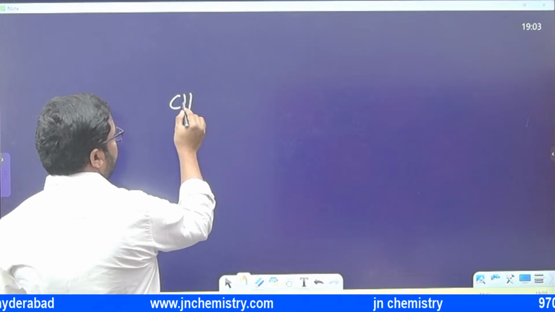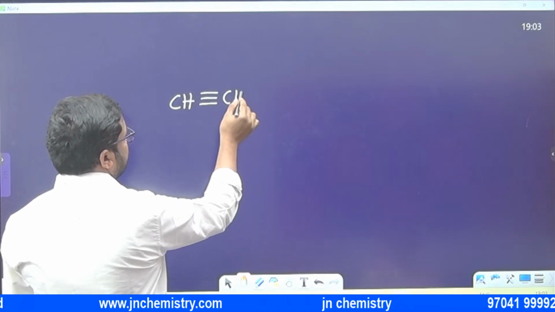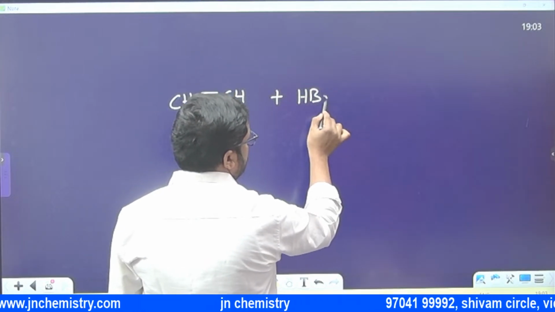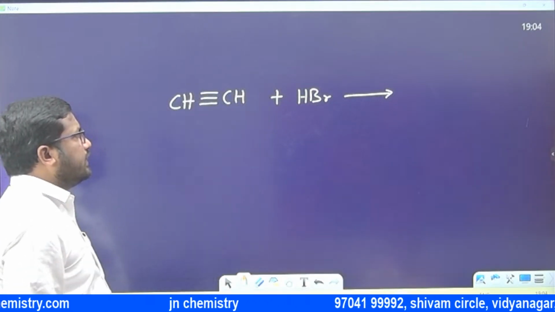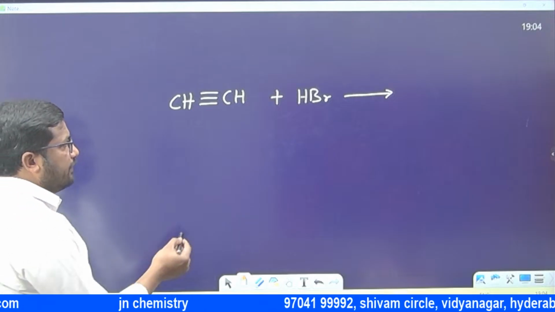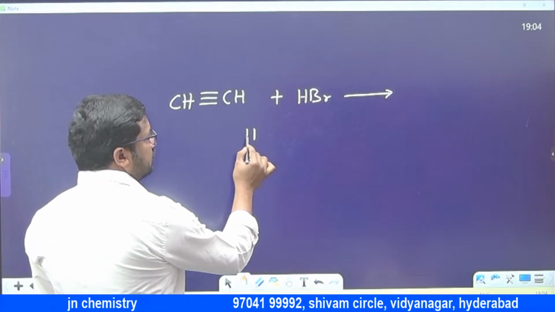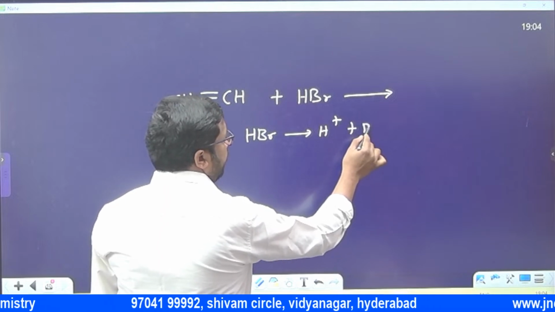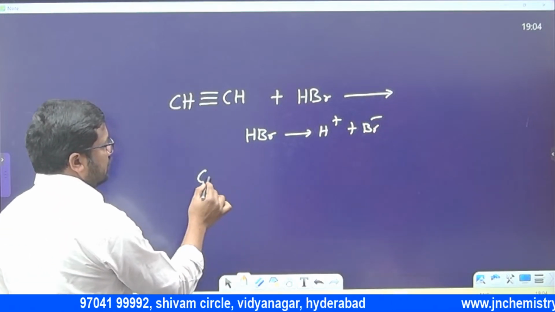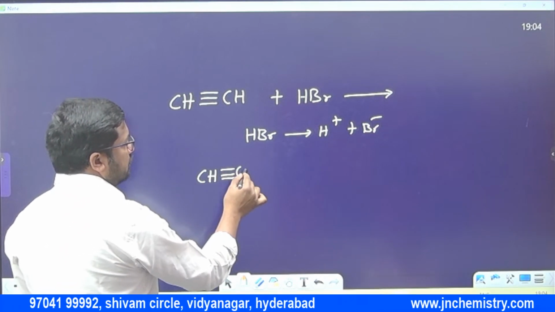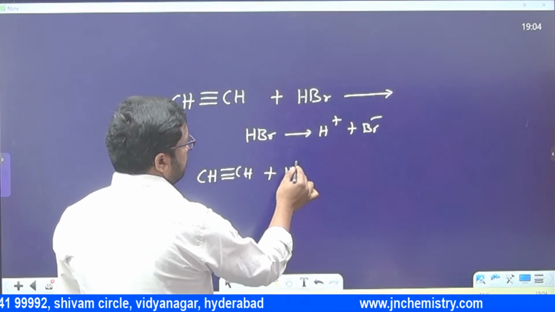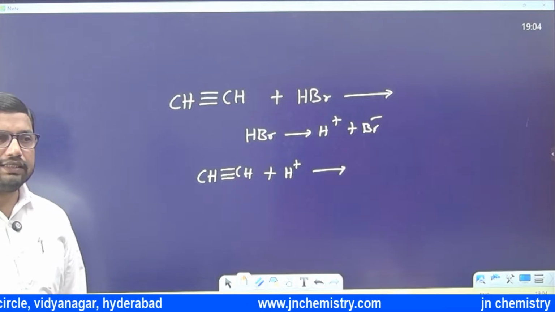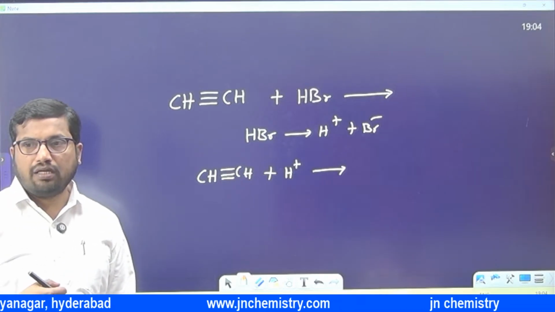For example, if I take an alkyne with HBr, what exactly happens? Same thing. HBr undergoes dissociation to H plus and Br minus. So in the case of alkynes, I told you that in electrophilic addition reactions, alkenes are more reactive than alkynes.